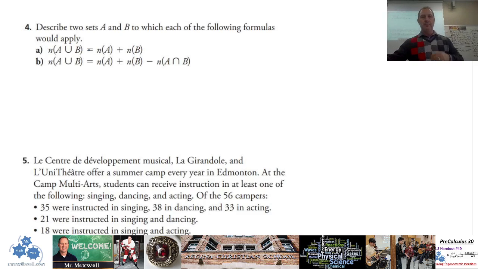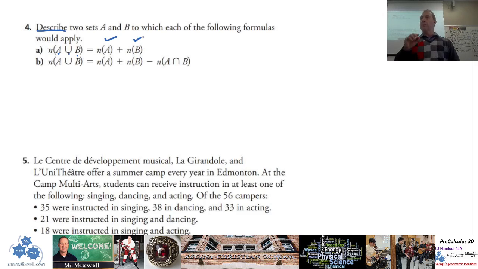Describe 2 sets A and B for which each of the following formulas would apply. So we need to describe 2 sets. That means just tell me what kinds of things would apply here. So the number of A in union with B is the same as adding up all of A and all of B. So union is either or, okay?